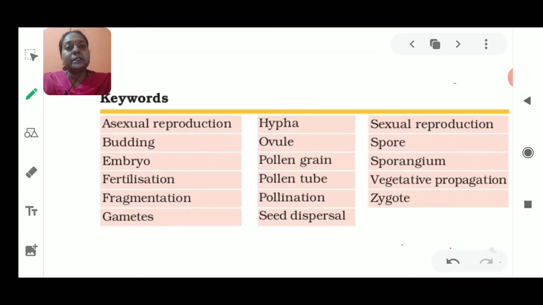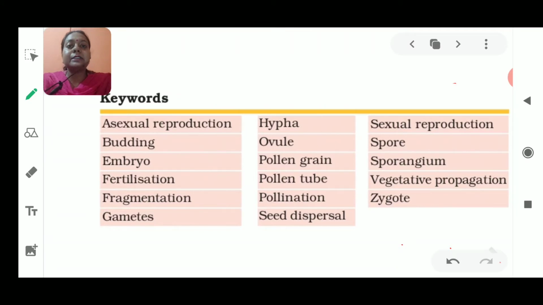Next is the gametes. So what are gametes? Gametes are those special cells which are present in the reproductive organs of a plant. That is, the pollen grains are the male gametes, and the ovule is a female gamete.